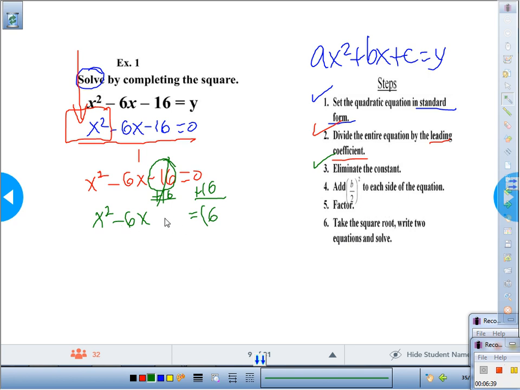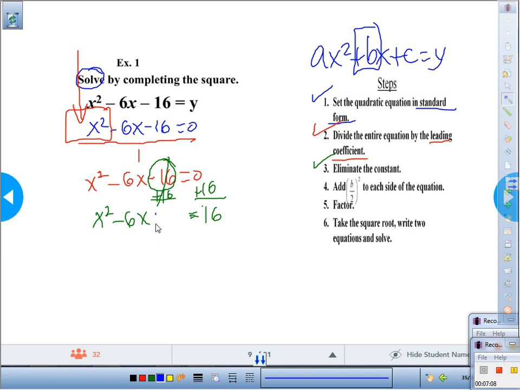I left the space here so that it's obvious for step number 4. Step 4 says, add b over 2 squared. Does my equation look like this? Yes. Where is b? Next to the x. So what is b here?